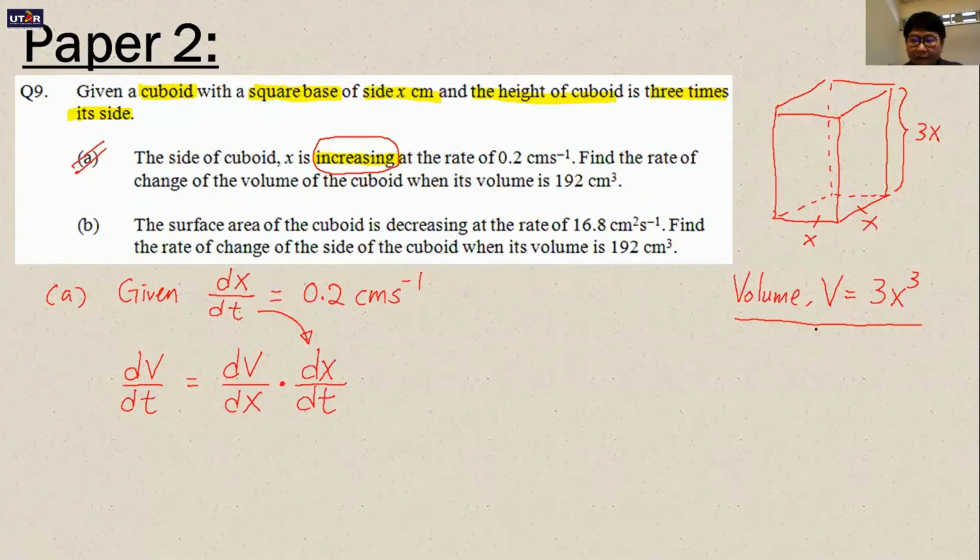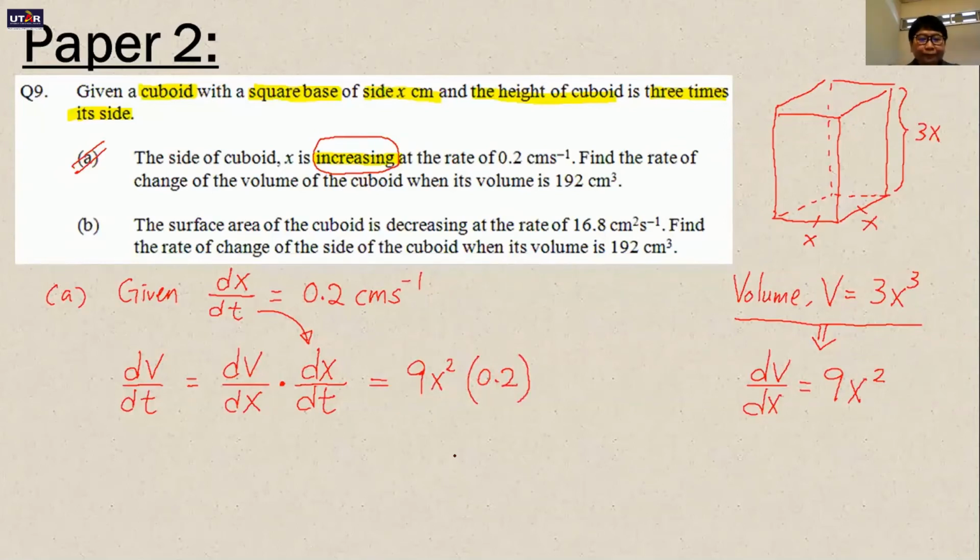From here, we find dv over dx. So differentiate 3x cubed, we have 9x squared. So the answer you should have is 9x squared times 0.2.